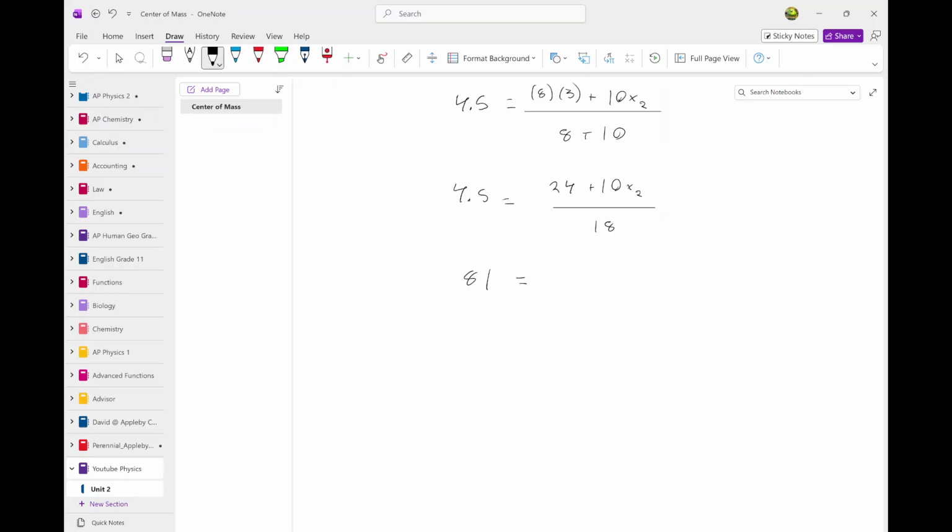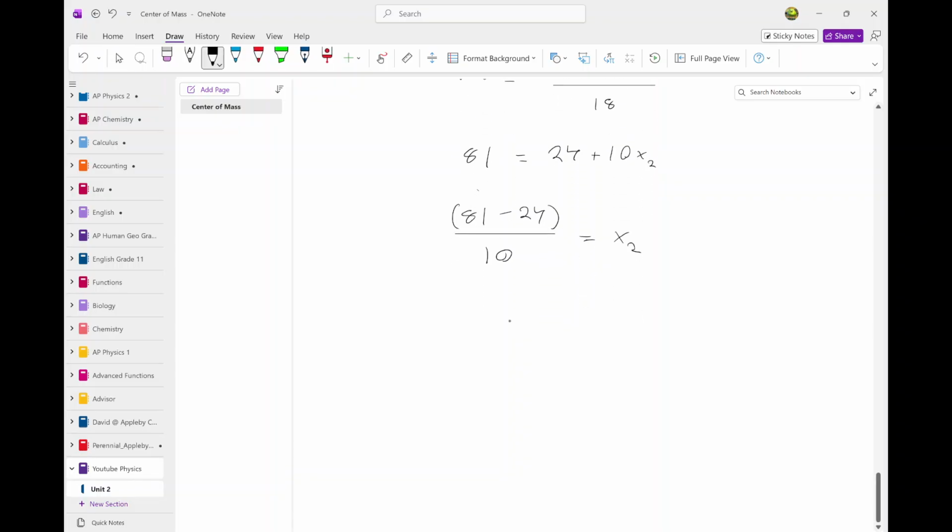So we can get rid of the denominator, 24 plus 10x2. And then we can do 81 minus 24, and then divide that by 10. And that's how we'll get the position of the second object. So the position of the second object should be around 57 divided by 10, around 5.7 meters along the y-axis.